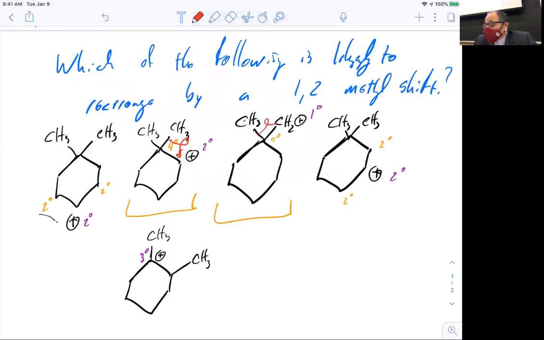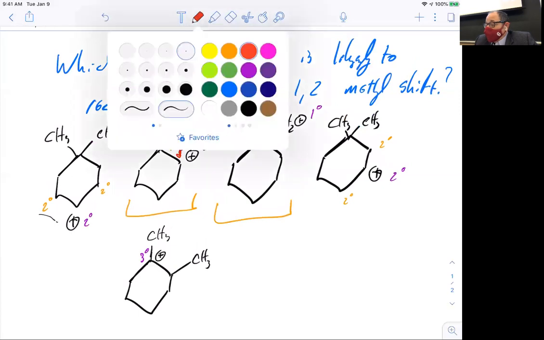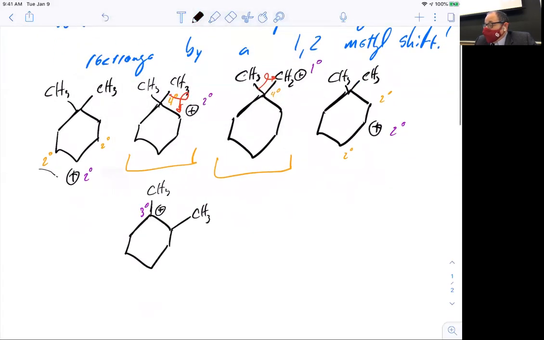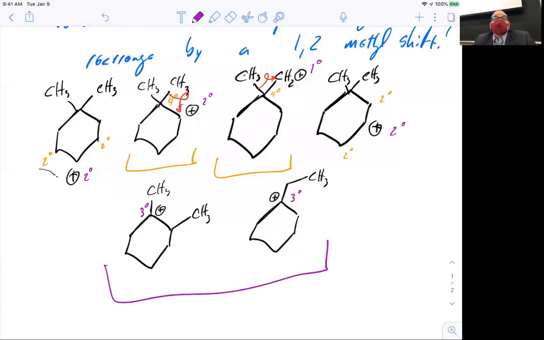So again, if we move that methyl group over, leaving me the positive right there, I've gone from a primary to a tertiary. So again, that would be favored. So the 2 that I would expect would be these middle 2.